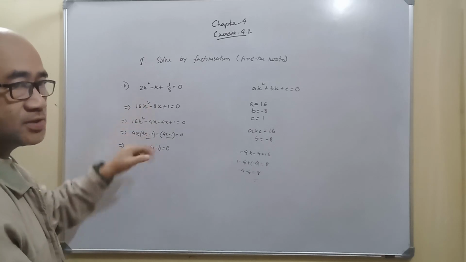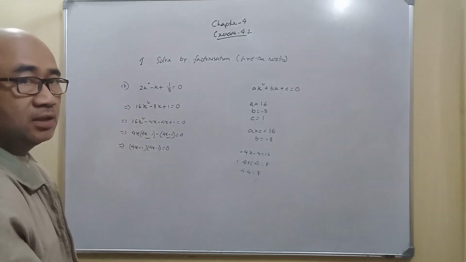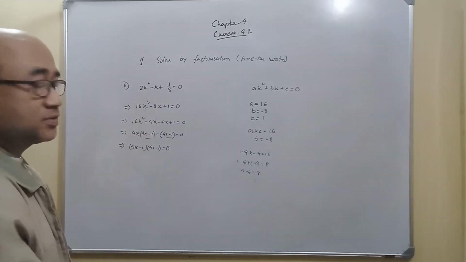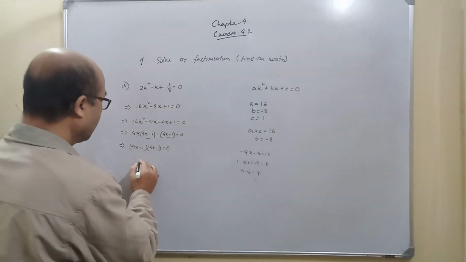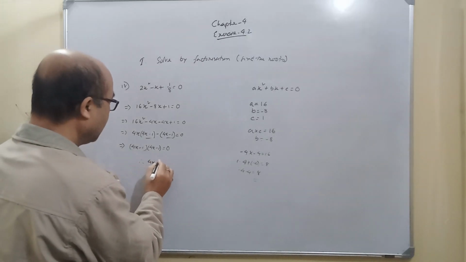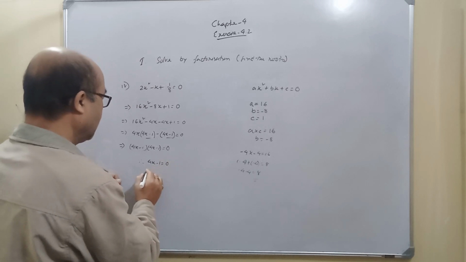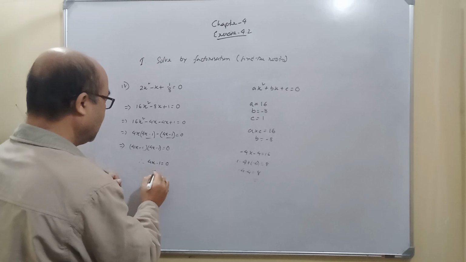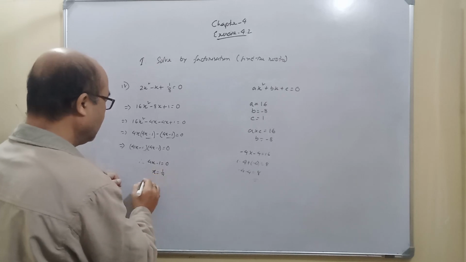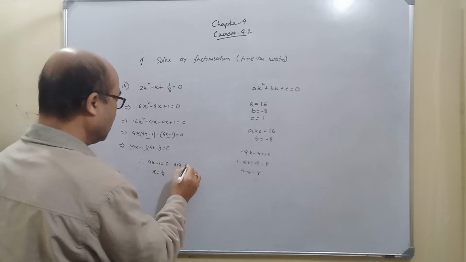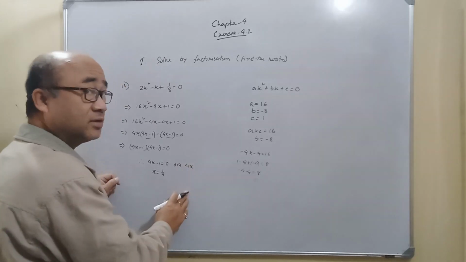So the quadratic equation has two real and equal roots. Hence 4x minus 1 is equal to 0, hence x is equal to 1 by 4, or two equal and repeating roots.